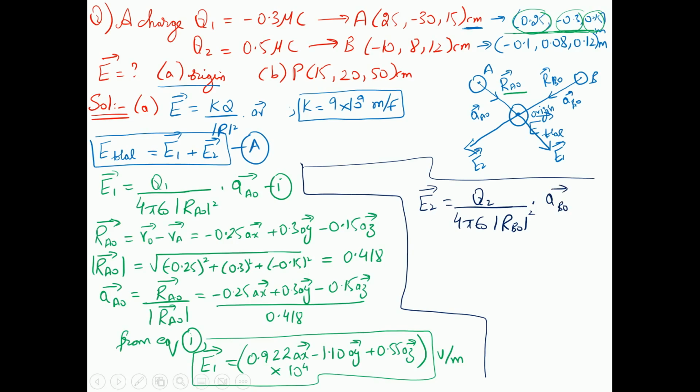So you need to find R_BO. You take the difference of origin minus R of B, the position vector, and you get a certain value. Then you find the magnitude of this vector, you get another answer, and the unit vector will be ready.